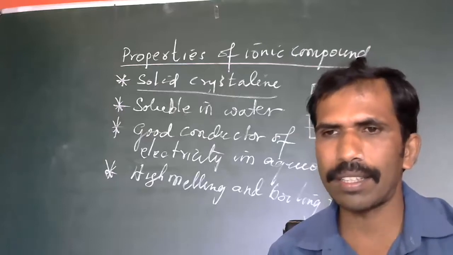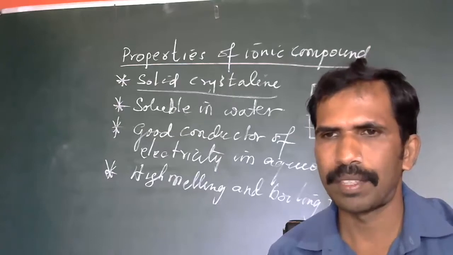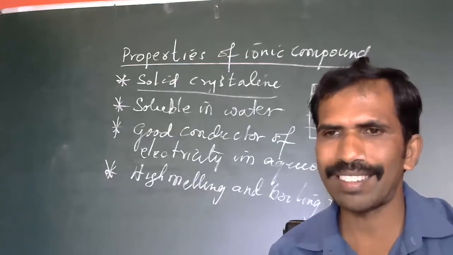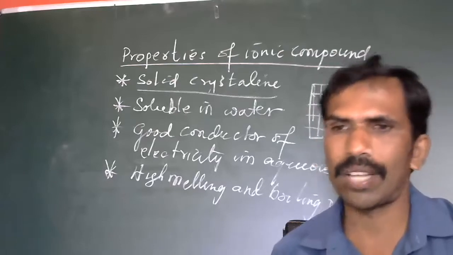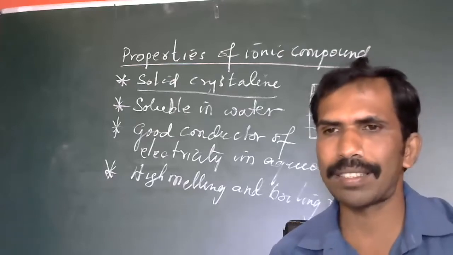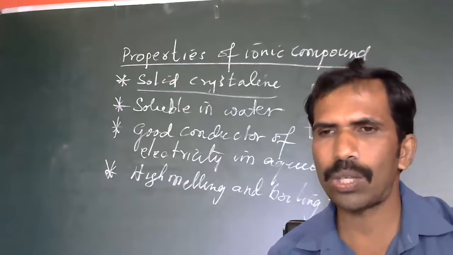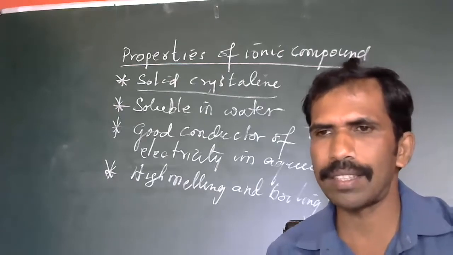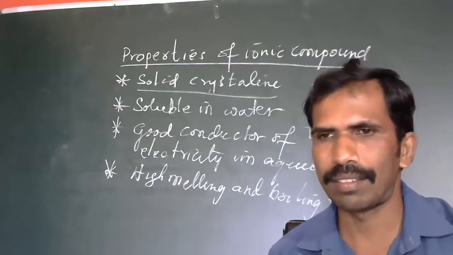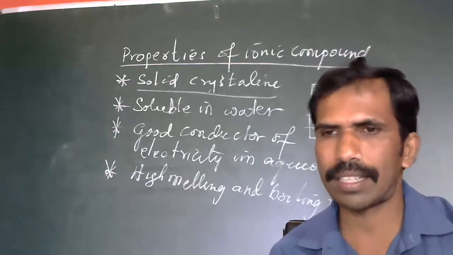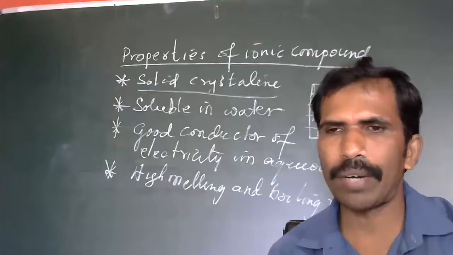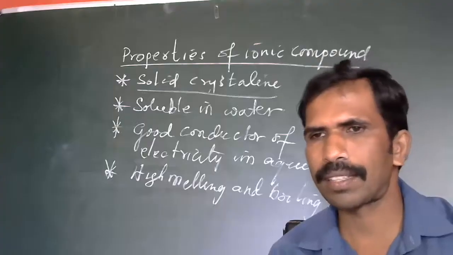Electronic conduction is seen in metals, but ionic conduction is seen in ionic compounds when they dissolve in water. In the aqueous solution of ionic compounds, you can see ionic conduction. So ionic conduction is different from electronic conduction. I hope you are getting my point, Bhuvana Naik.